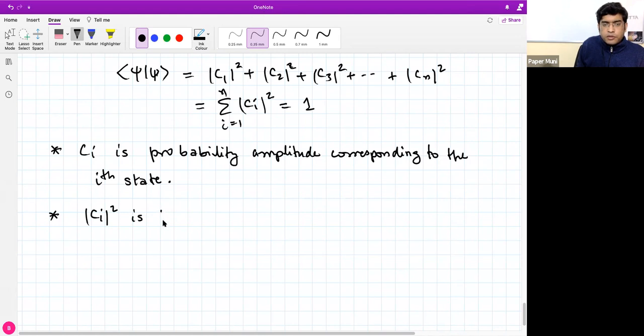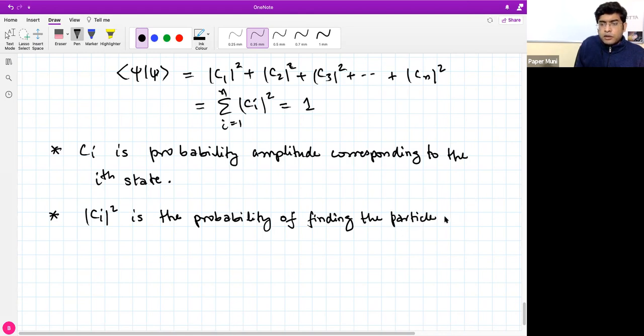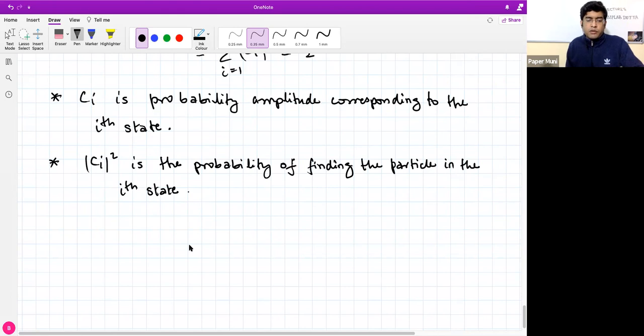Ci mod square is the probability of finding the particle in the ith state. So these are the two things you need to remember from here.